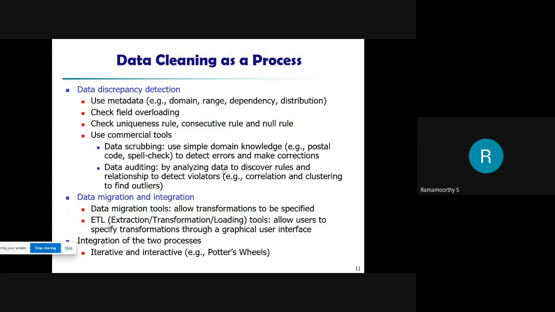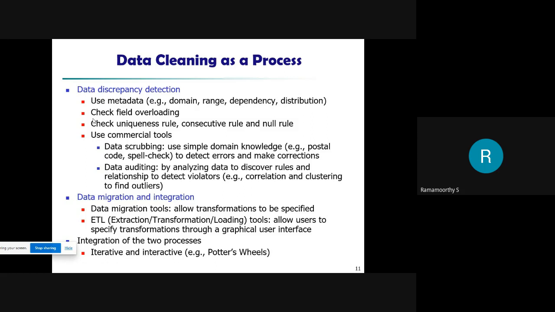Sometimes you use metadata. If you want to define metadata, it's data about the data. For example, you can classify the data based on its domain, range, dependency, and distribution.